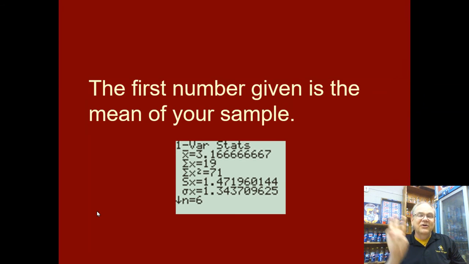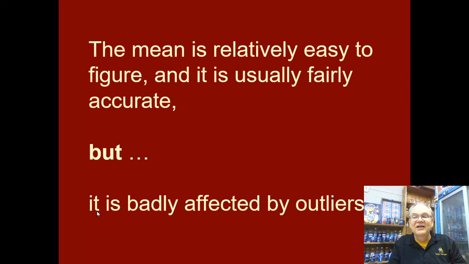So again, you put all the numbers in your calculator, go to stat, calc, one variable stats, and what you're looking for is X bar up at the top. That's your mean. So again, not all that difficult to do. The mean is pretty straightforward to calculate. It's not a real complicated thing to do.